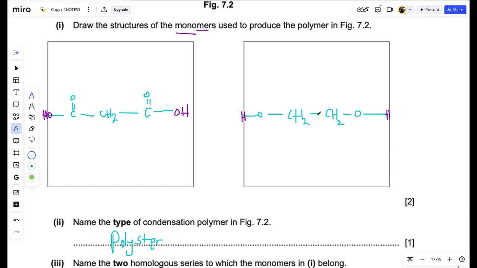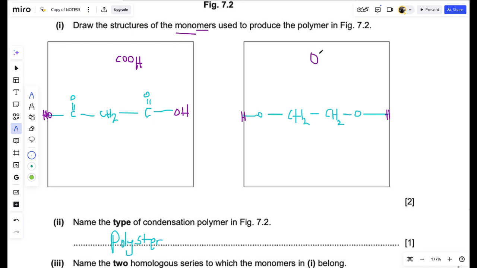This is the carboxylic acid, double bond to O, COOH. You know carboxylic acid? They are denoted with what? COOH. And how do you show the structure? You see carbon, double bond to O, and then single bond to OH. This is the carboxylic acid functional group, and this is the alcohol functional group.